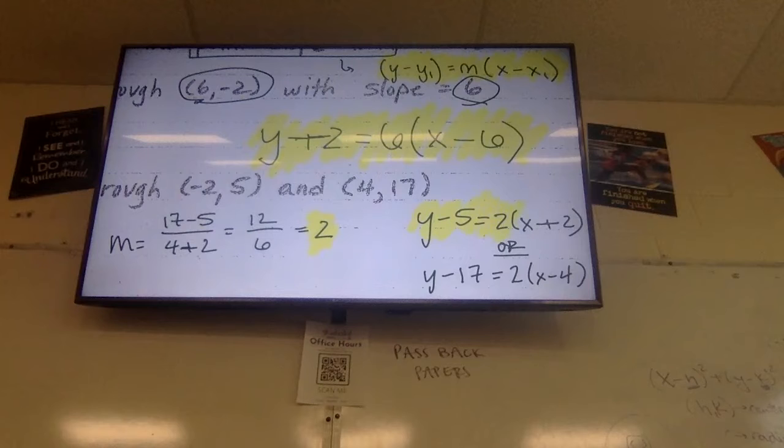All right, I got my slope was 2. Did you guys get your slope to be 2? Yeah. Perfect.